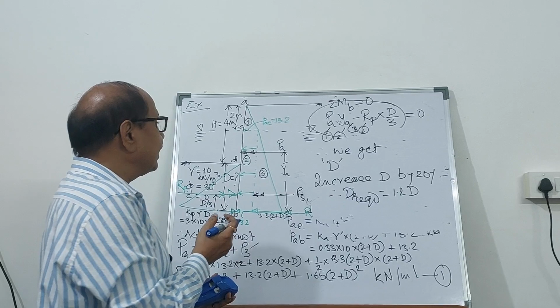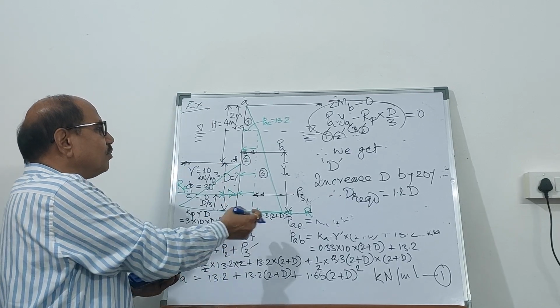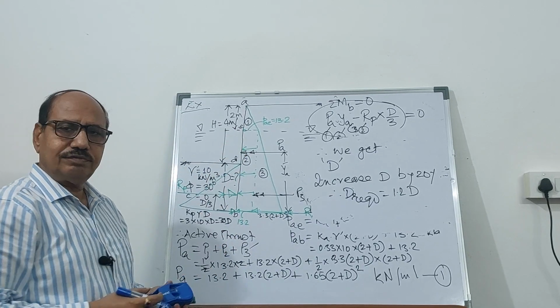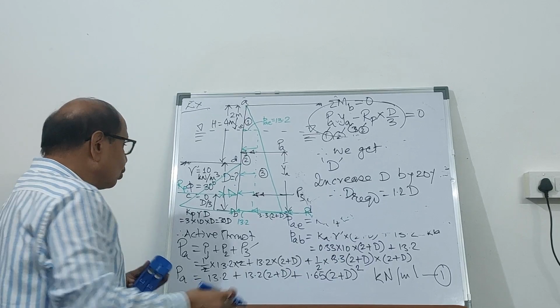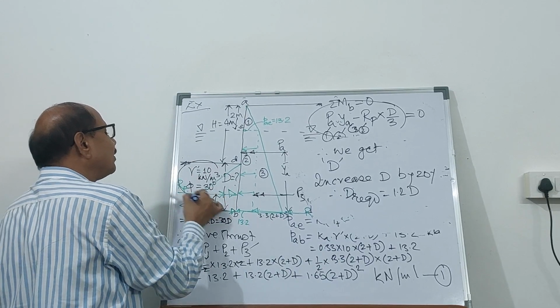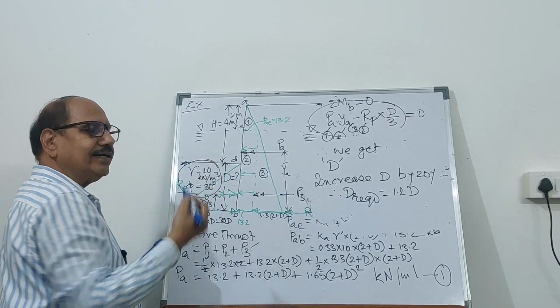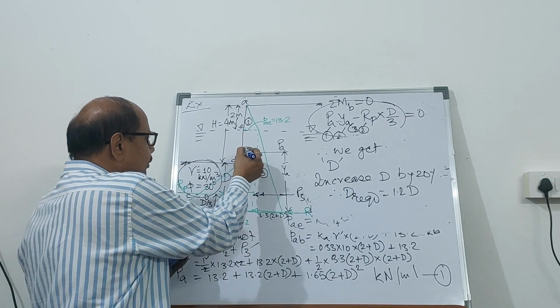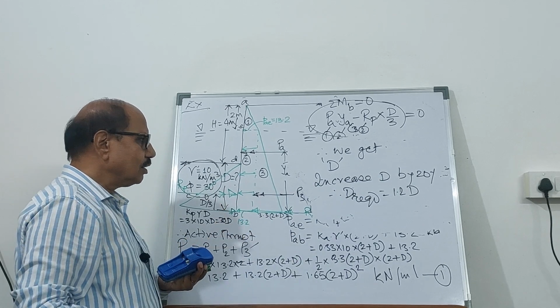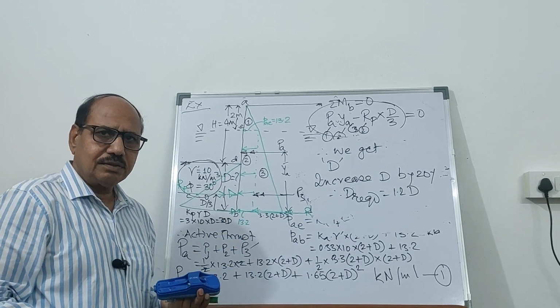So very quickly, any type of problems can be solved. It might so happen that the ground properties may be different. Then also, we know how to calculate. Once you draw the pressure distribution diagram, things are quite simpler.